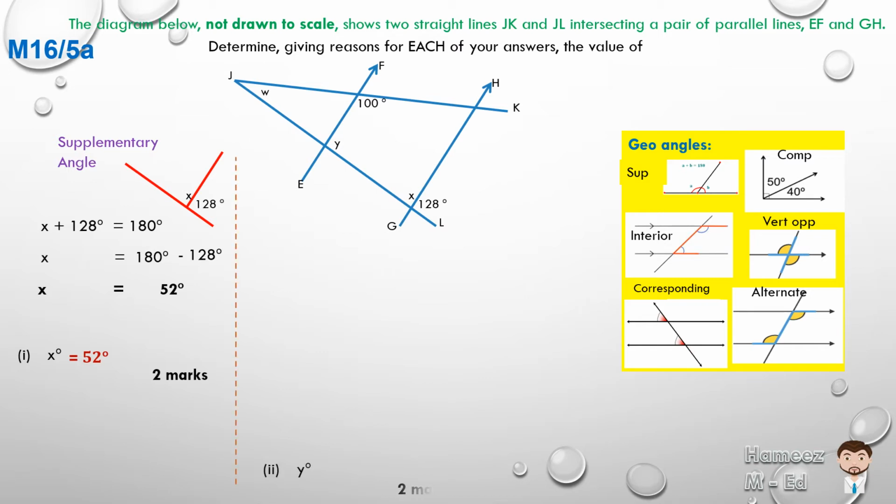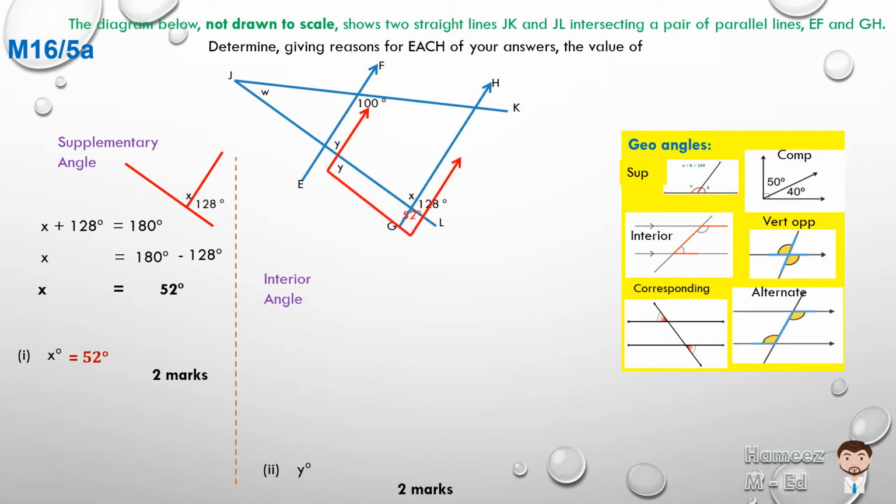And now for the second part, determine, giving reasons for each of your answers, the value of y. So look at where y is, and what do we know? Y is part of the parallel lines, and we know the 52 degrees we just worked out in part 1. If we look at our rules on the right, it looks like an interior angle. So let's highlight that.